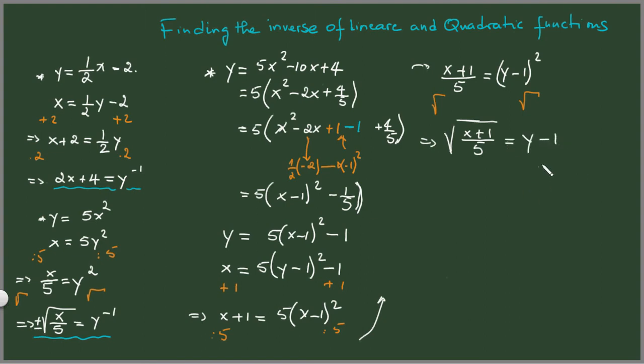Then we add 1 on both sides, which gives us the square root of x plus 1 over 5, plus 1, equals y. This is our inverse function. We never write it like this or like that one. So this is our end result.